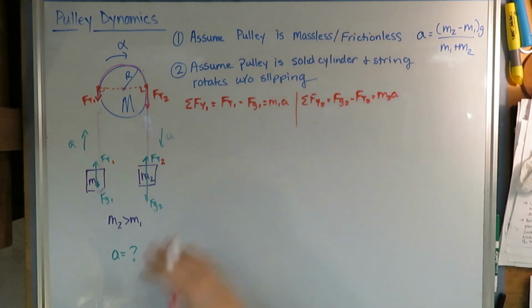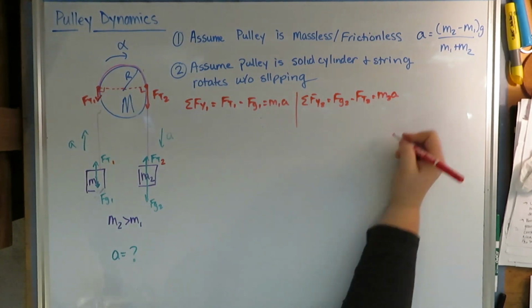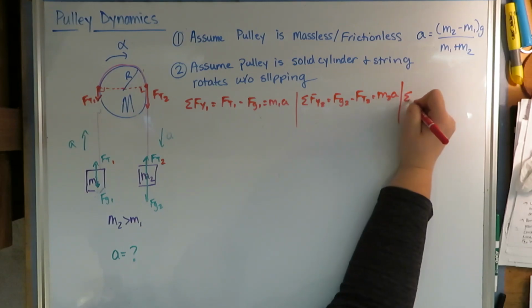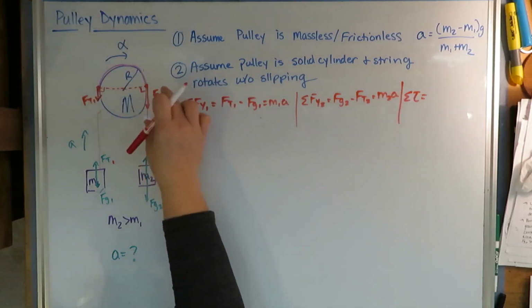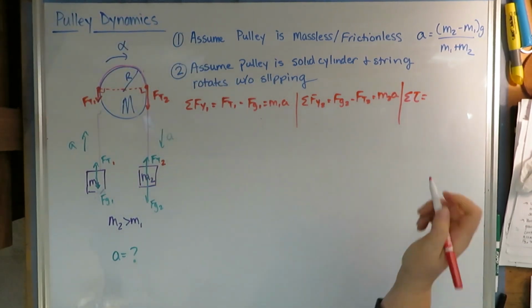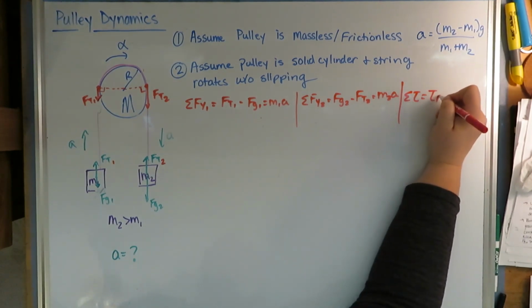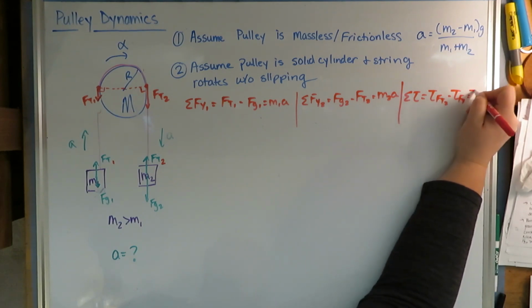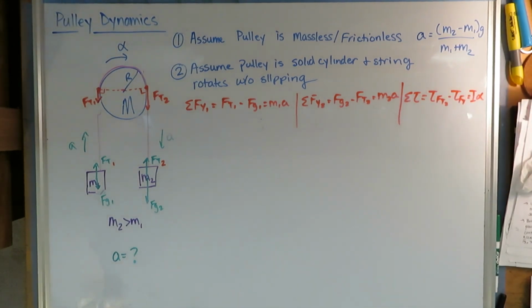So once again, that's to keep acceleration as a constant. And then I need to consider the pulley. So the net torque on the pulley is going to be largest over here. So I'm going to create the torque due to FT2 minus the torque due to FT1 is equal to I times alpha.